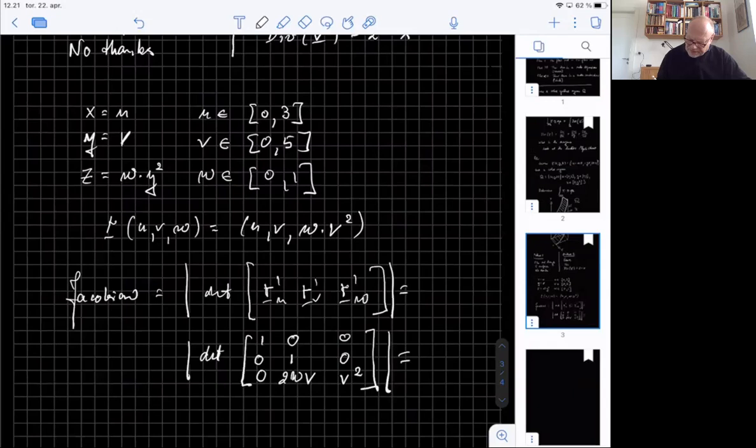This is easy to calculate because it's a triangular matrix, so the determinant is the product of the elements on the diagonal, and that will be v squared. v squared is a non-negative quantity, so this is actually the Jacobian.